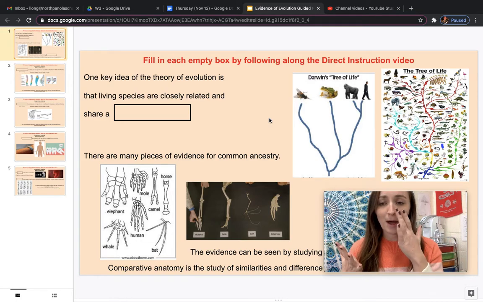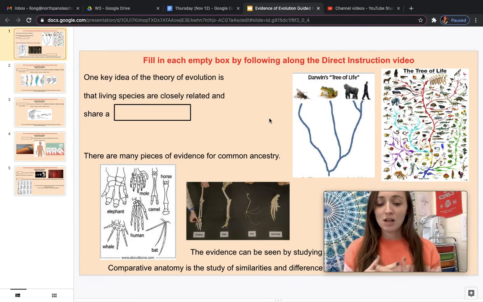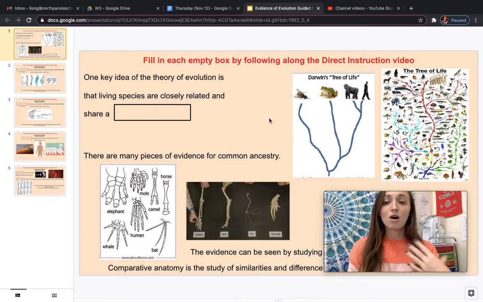So we've been talking about evolution, right? We've been talking about that nonstop. And again, evolution is just a population of a species changing over a long, long period of time.